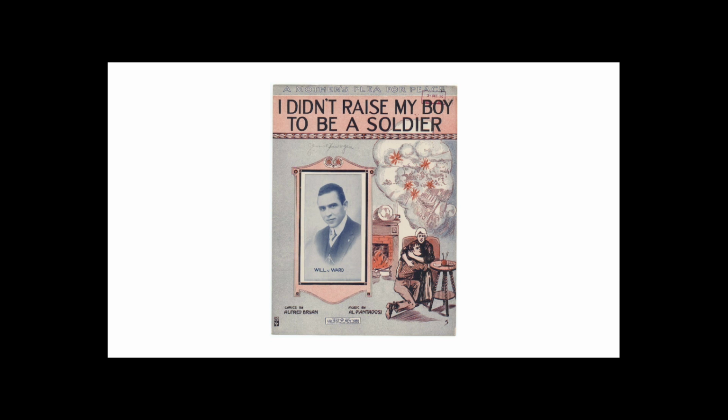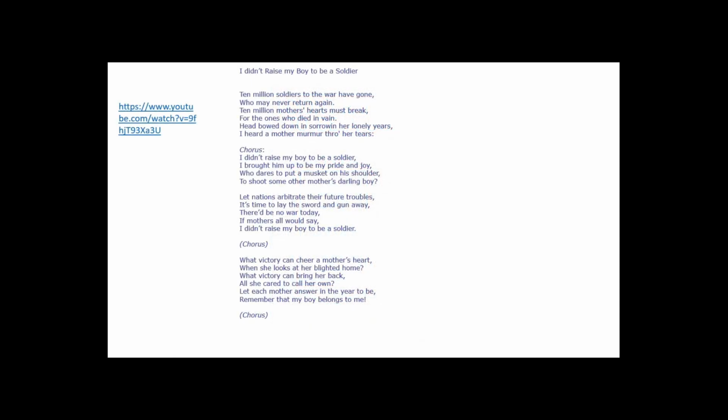It's a song called I Didn't Raise My Boy to Be a Soldier. This is what is called a song sheet. This is a representation of a song, but this is not the song. So it's important to understand that you could use this as a representation of the song, but if you're going to use the song as a source for analysis, you're actually going to have to find the song. And that requires a little bit more effort.